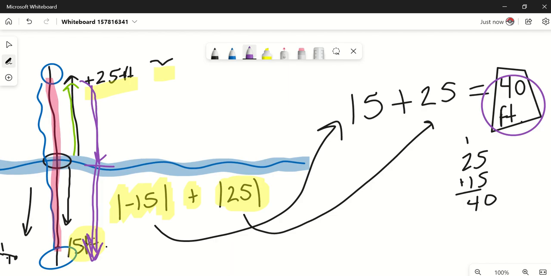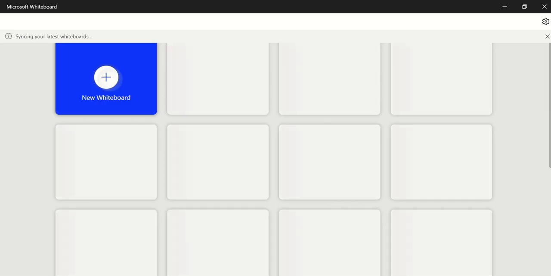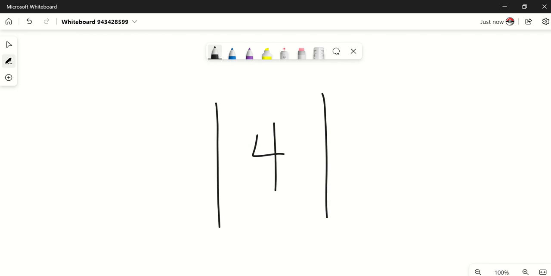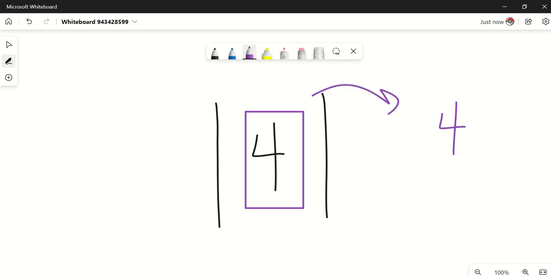So again, recap. Absolute value is written like this, with a number inside. This means it is taking the distance of this number from 0. If it's positive, it will still remain positive, and if it is negative, it will become positive.